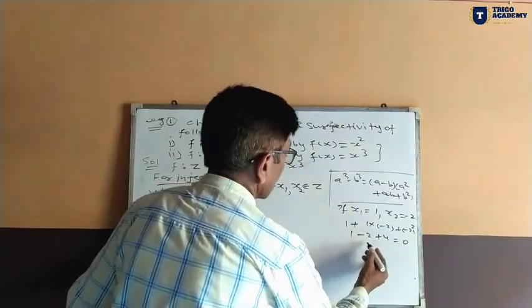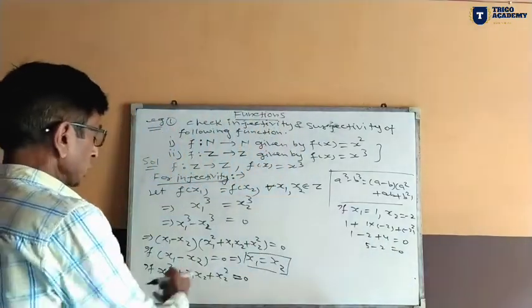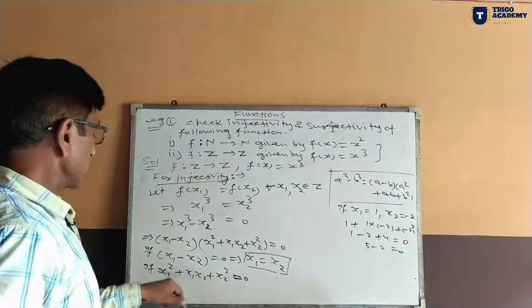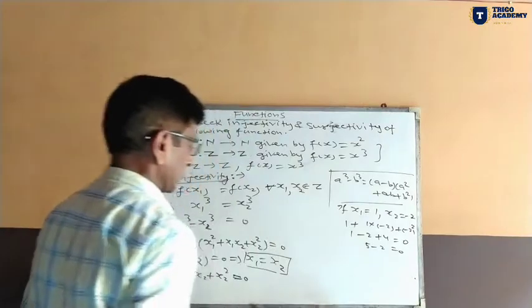It may be 3 minus 2 equal to 0, not possible. Suppose we take values of x1 and x2 that are different, so this condition is not possible.